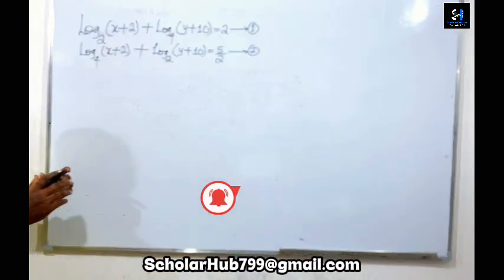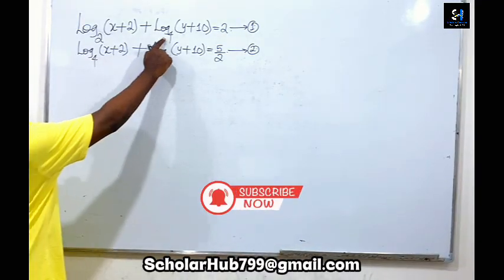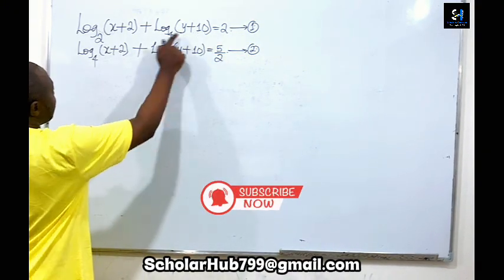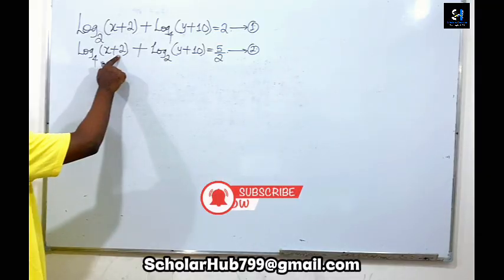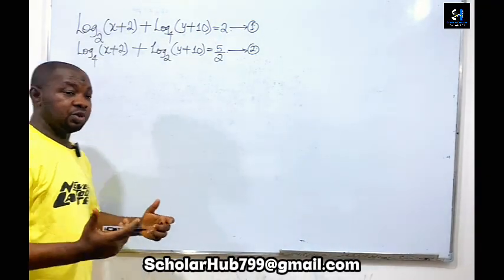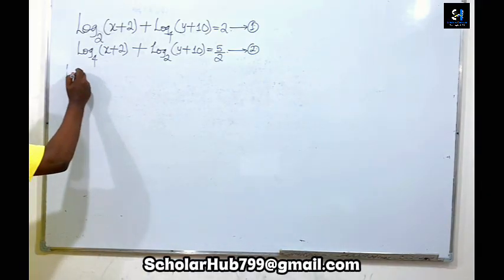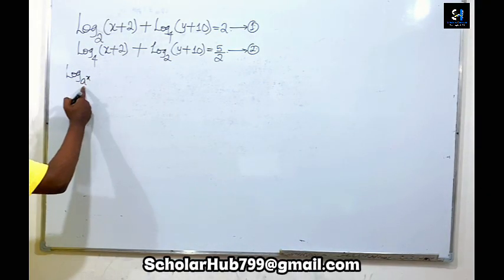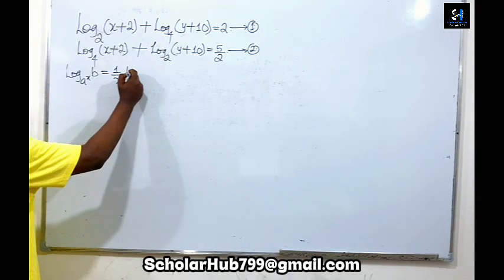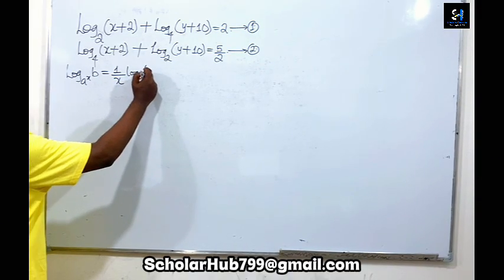Now, step number 1. To change the base of log base 4 of (y + 10) and log base 4 of (x + 2) to base 2, I'm going to use one of the properties of logarithms, which is the statement that log base a^x of b equals 1/x times log base a of b.